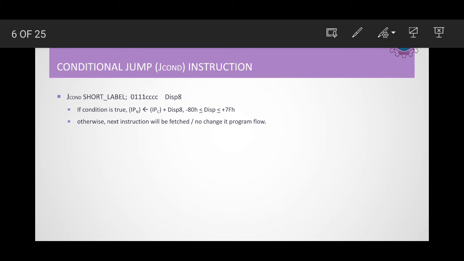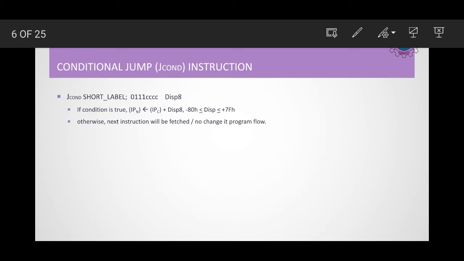Opcode will vary depending upon the condition. So first byte is 0111, and there are 4 bits for C, and these C bits show which conditional jump is to be executed. In the second byte you will have an 8-bit displacement.